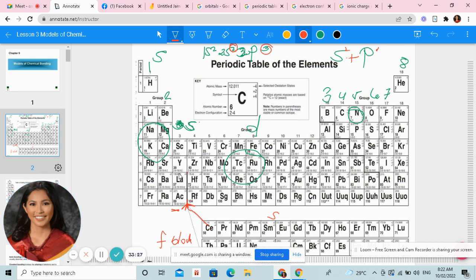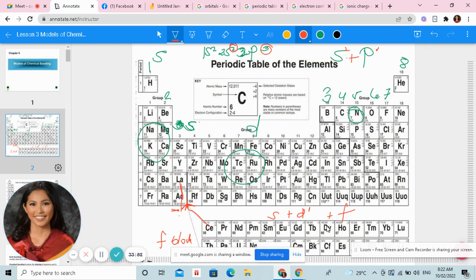So we still have the D, D1. So we add S plus D1 plus the F. That's the outermost electrons or the valence electrons for the F block.